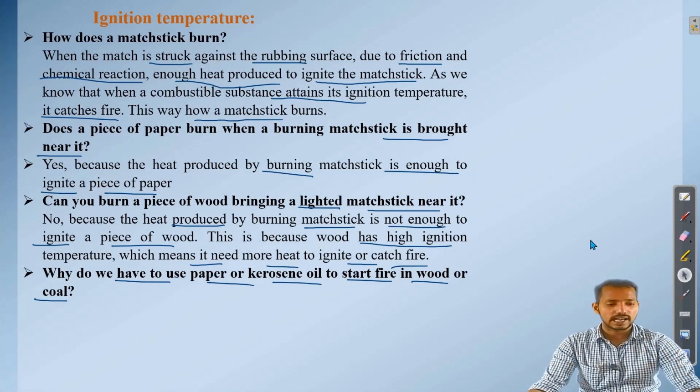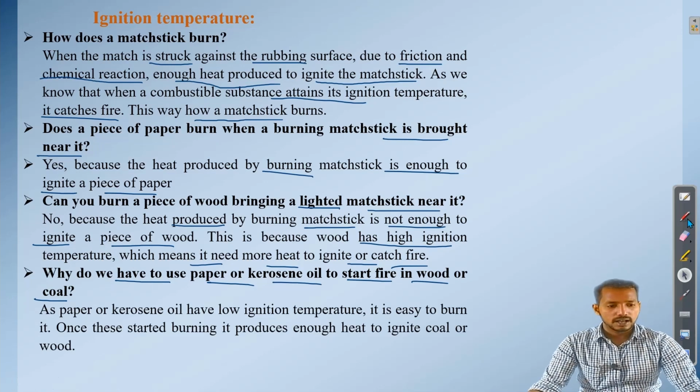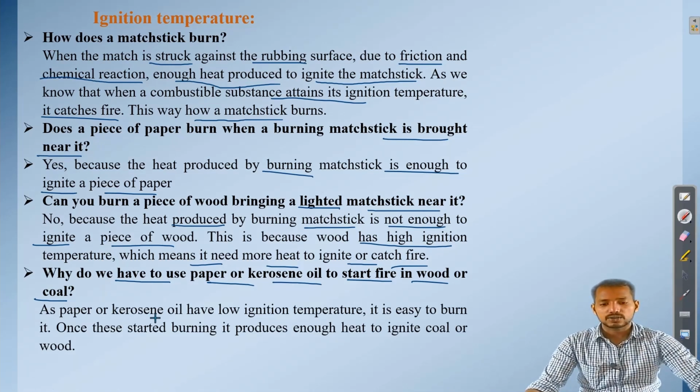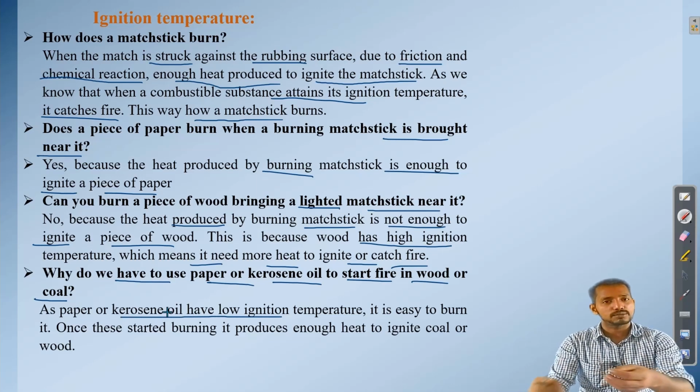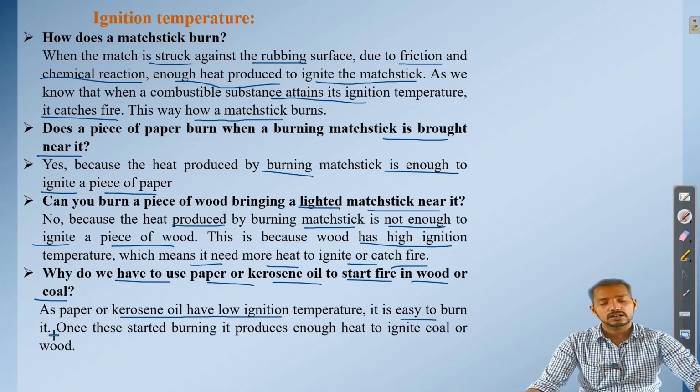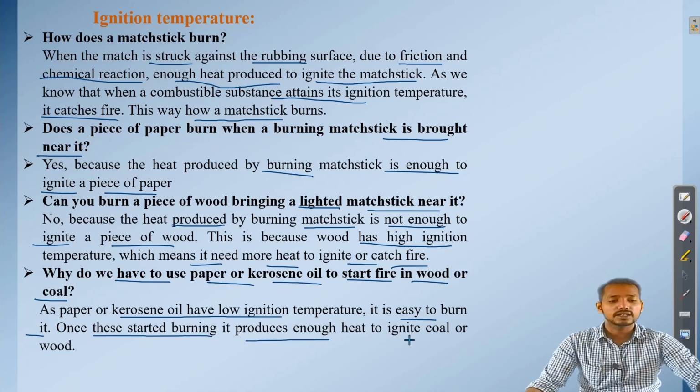Okay, so let's discuss the answer in detail. Paper or kerosene oil have a low ignition temperature. We already know that paper and kerosene oil can be burned with a matchstick because they have a low ignition temperature, so it is easy to burn them with a burning matchstick. Once this starts burning, it produces enough heat to ignite coal or wood.